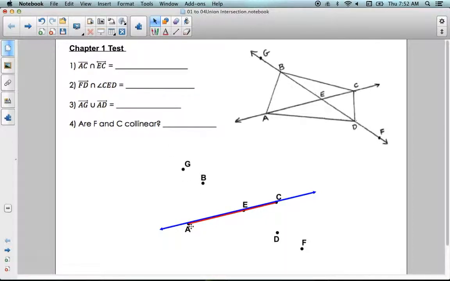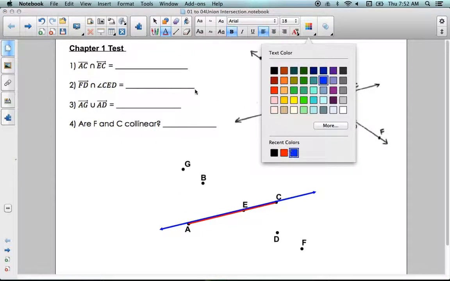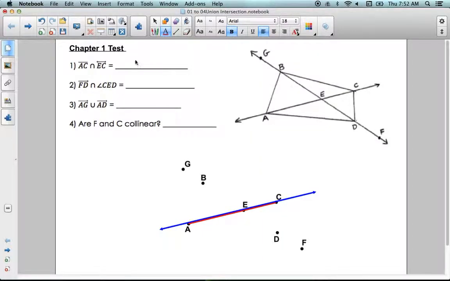From looking here, the area where both colors are present is the segment AC. Okay? So I'll just write it as AC, and it's a segment. You see that? There it is.